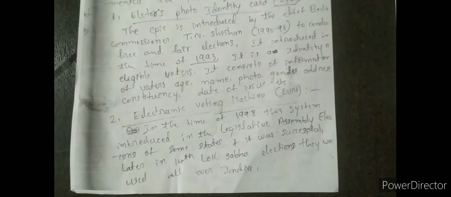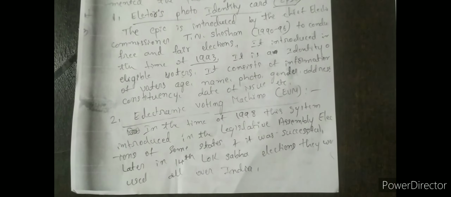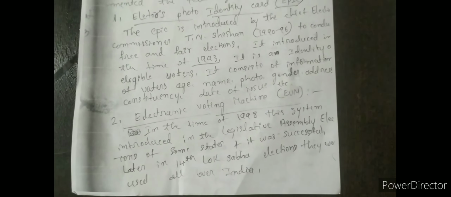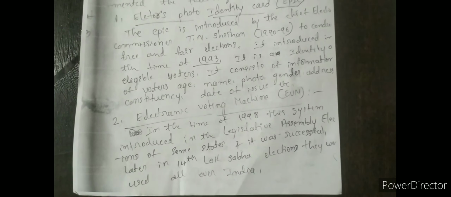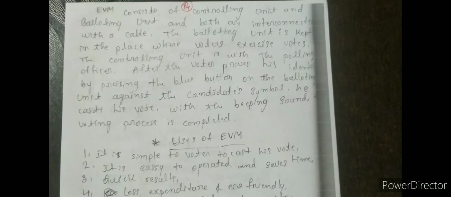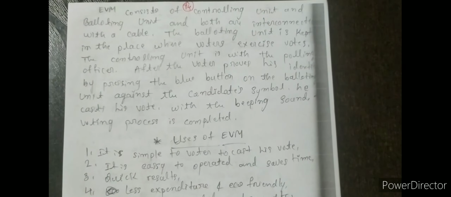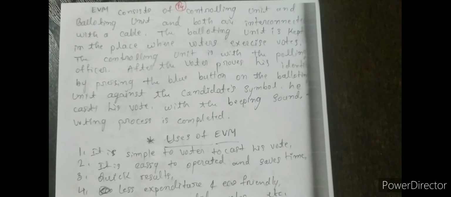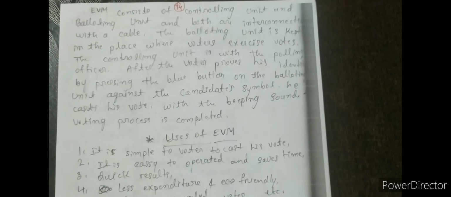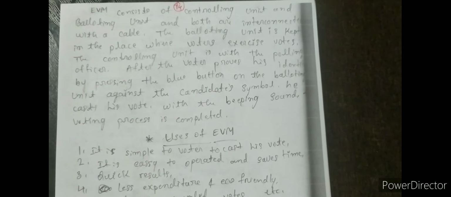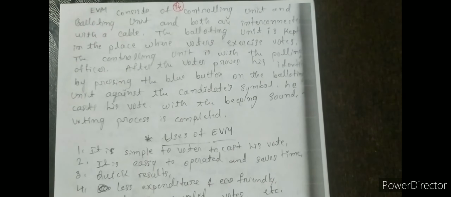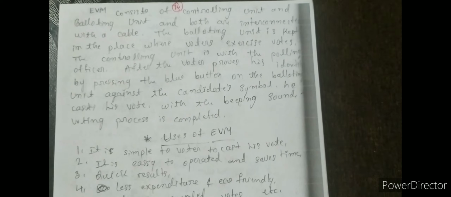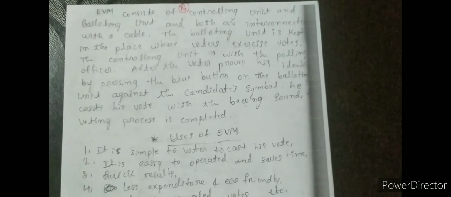Second one, the electronic voting machine, that is EVM. The system was introduced in 1998. The electronic voting machine consists of a controlling unit and a balloting unit, and both are interconnected with a cable.